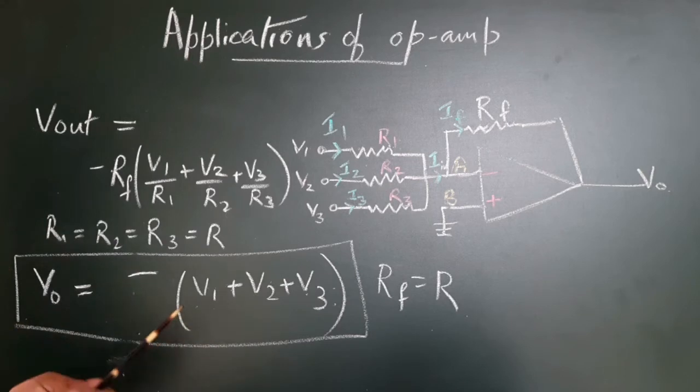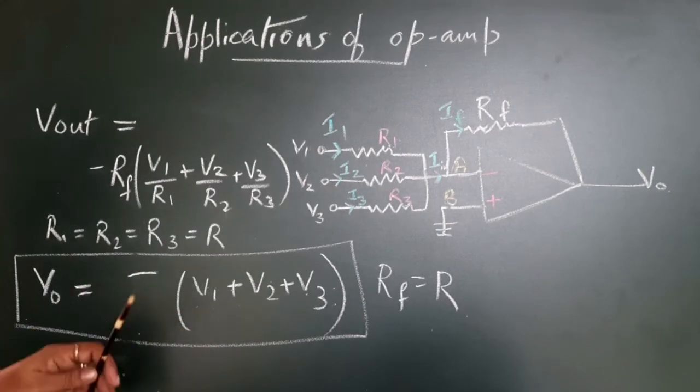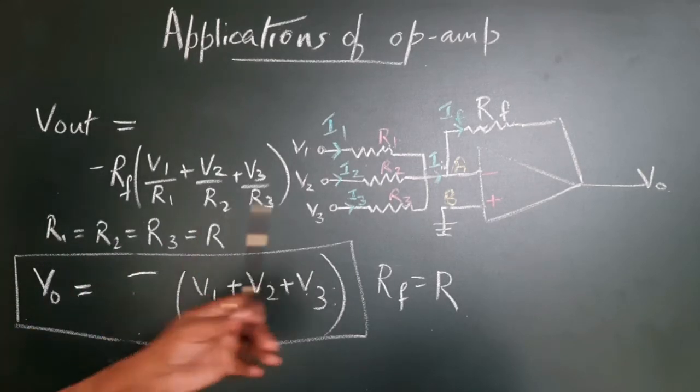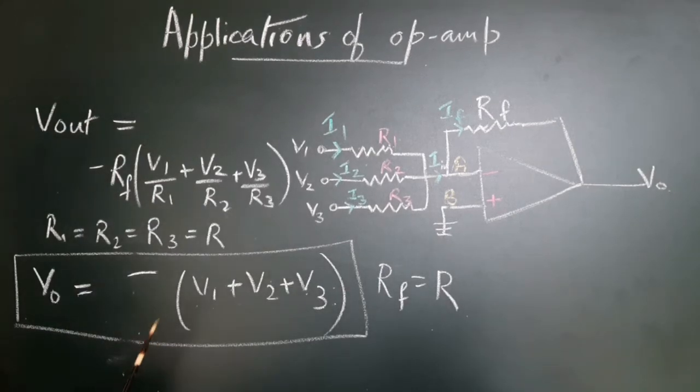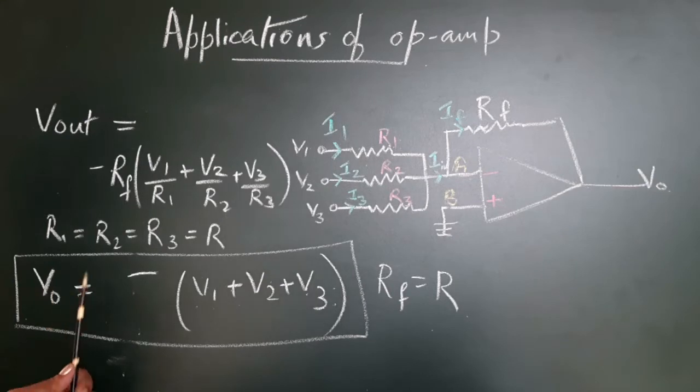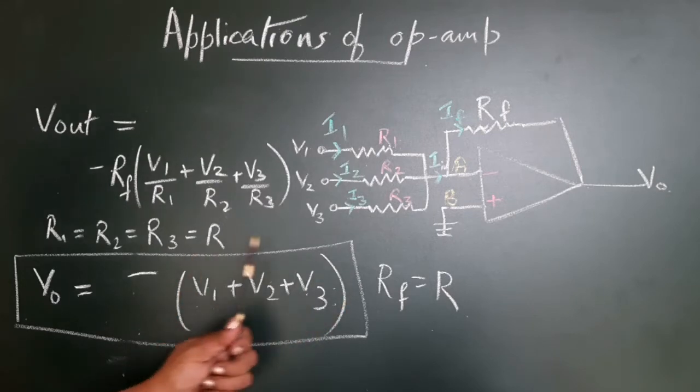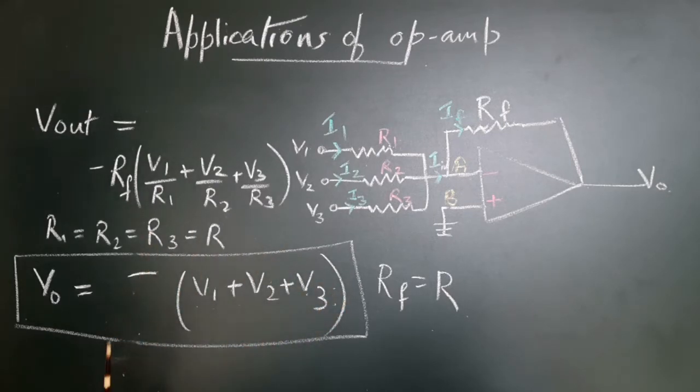If at all you want this phase change also to be avoided, you can use one more op amp just to invert the phase in the inverting mode. So, we can say that the output voltage of a summing amplifier is proportional to the negative of the algebraic sum of its input voltages.